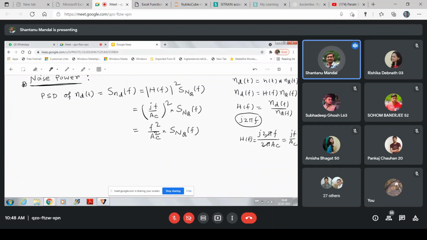Now we have to determine S_NQ(f) to know its value. In the previous class I discussed that S_NQ(f) equals N0. So S_NQ(f) is the power spectral density of the quadrature component of the noise.